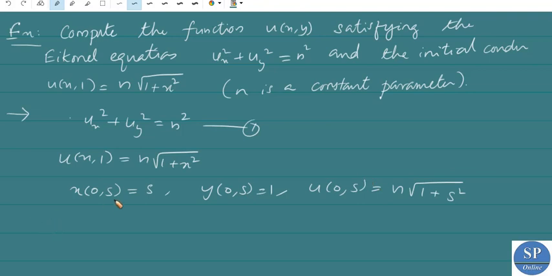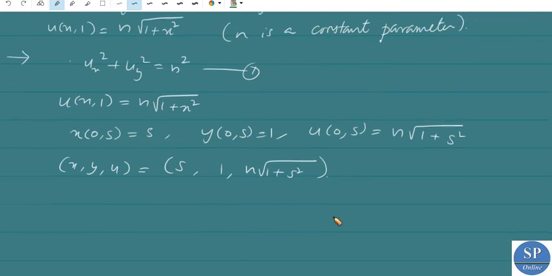So we can write this initial condition parametrically as (x, y, u) equal to (s, 1, n square root of 1 plus s square). Now we have xt equal to ux and yt equal to uy. This is from the previous lecture.